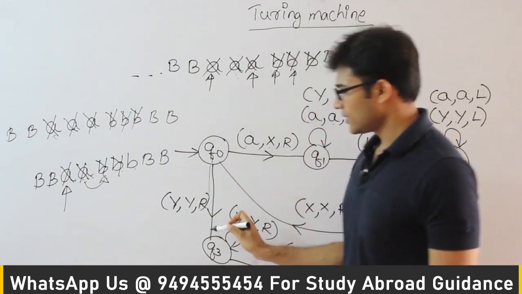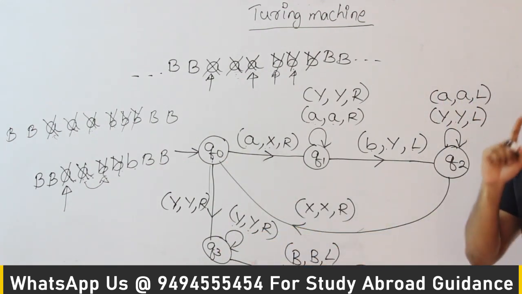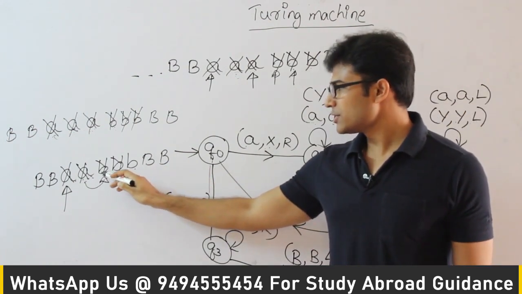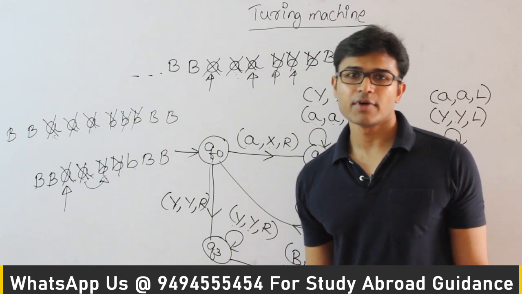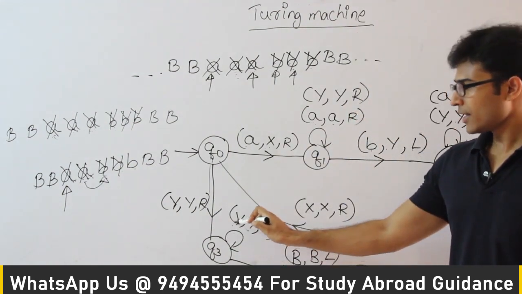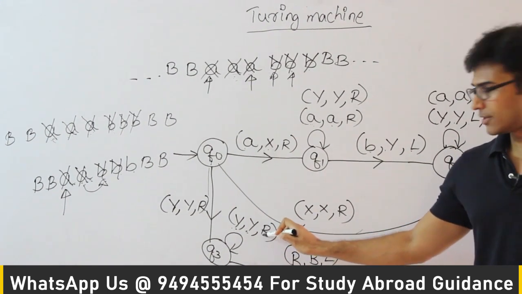And when it is taking this particular path, we are going to check whether every symbol is Y or not. So the transition defined in Q3 is, as long as you see Y, you make it Y and keep moving right.